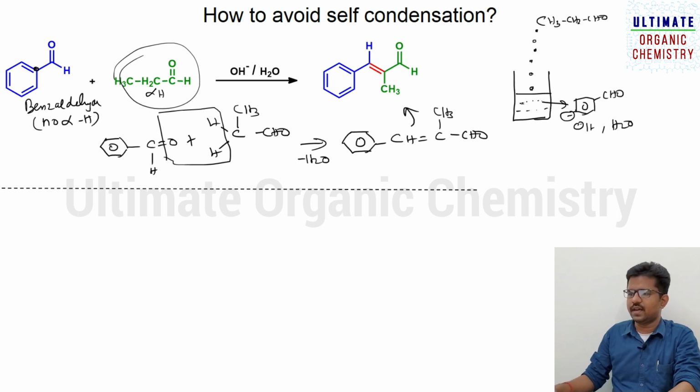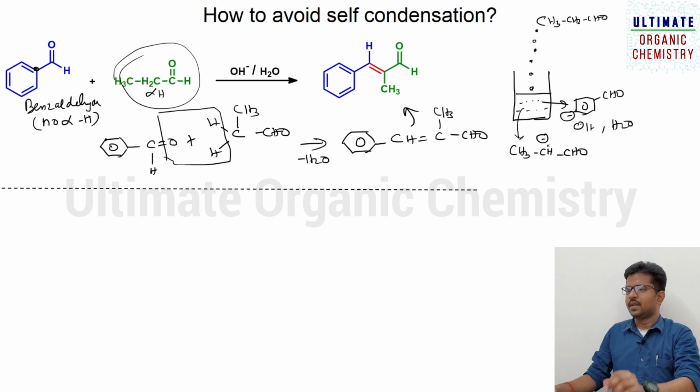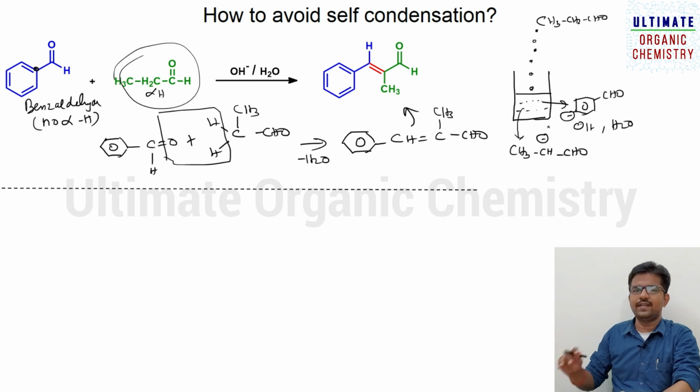Once one drop falls, it immediately undergoes deprotonation. That means after addition it reacts with the base and forms this anion. It will not have the time to find the next propanaldehyde molecule, because the concentration of benzaldehyde is higher here.